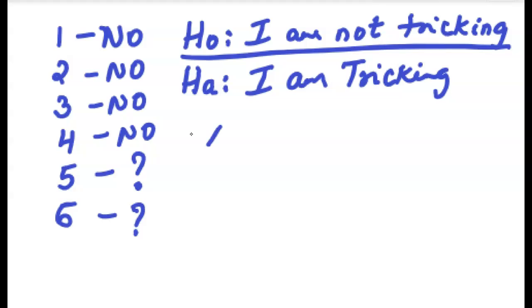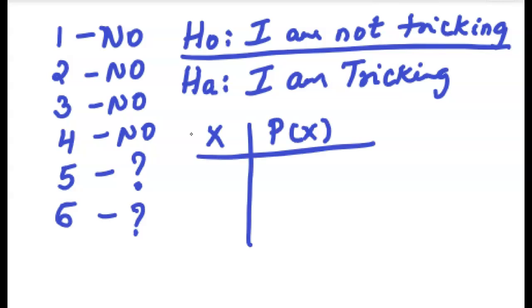I'm just going to put x and probability of x. When I had the first head, probability of having one head is 0.5, 50%. So you all say, you can have a head when you toss a coin, right? When I had two heads in a row, probability of having a head and head, 0.5 times 0.5 is 0.25.